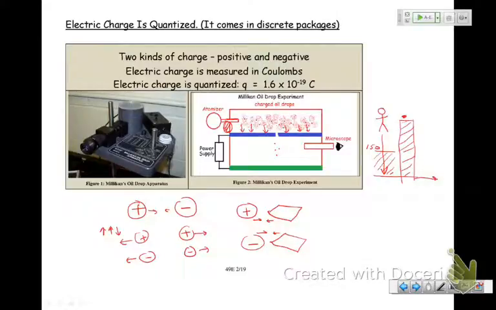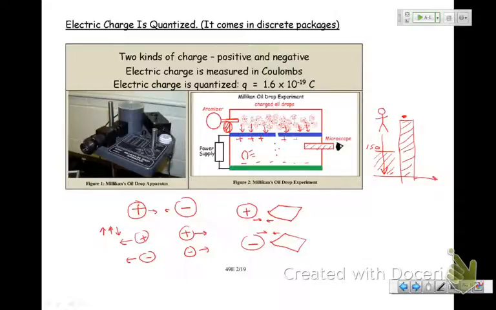Let's look at these guys, so let's put a lamp in here so we get light reflected off these guys. Let's look at them carefully, so let's put a microscope in here so I can look at these little droplets. And let's play with them. They've got charges on, so let's put a battery in here and make, say, the top positive and the bottom negative.